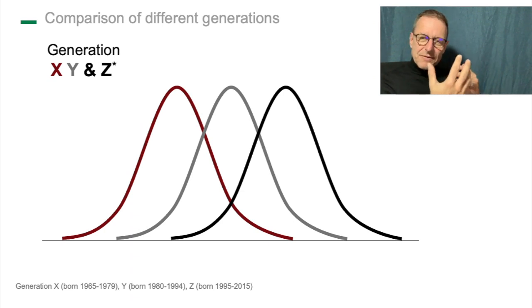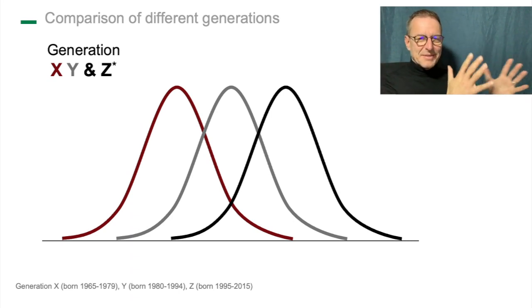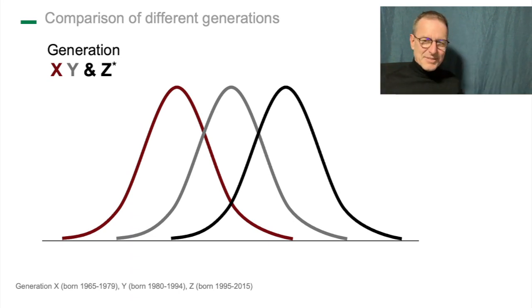So there is a differentiation between Generation X, which are those who are born between 1965 and 1979, Generation Y, those who are born between 1980 and 1994, and there is Generation Z, born between 1995 and 2015. So don't ask me where these terms come from. Does not matter here. Generation X, Y, Z.